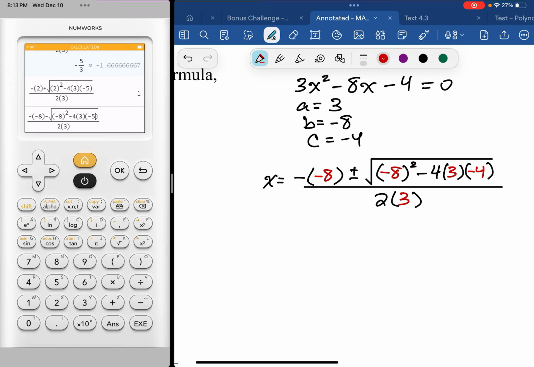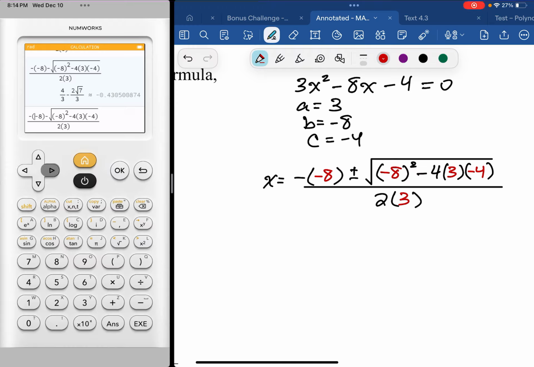It looks like everything I wrote down is in the calculator. So I'm going to hit enter.